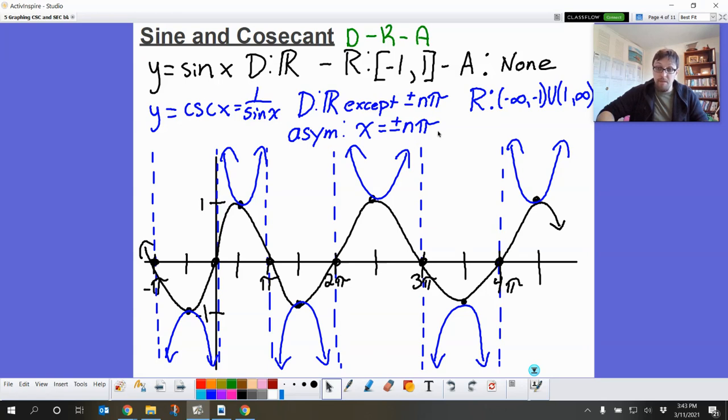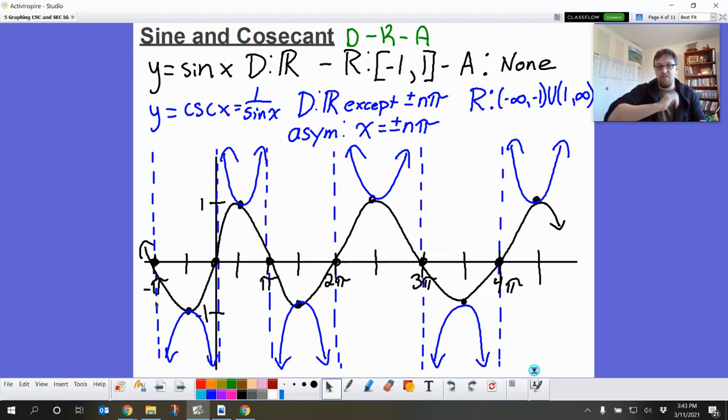We can represent them like this, as x equals plus or minus n pi. So all those asymptotes are where we can't do cosecant. At pi, we can't do it. At 2 pi, we can't do that. At 3 pi, we can't do that. At 4 pi, we can't do that. This n is just representing some natural number, so 1, 2, 3, 4, 5, 6, 7. And we have a plus or minus because we can do the same in the negative direction.